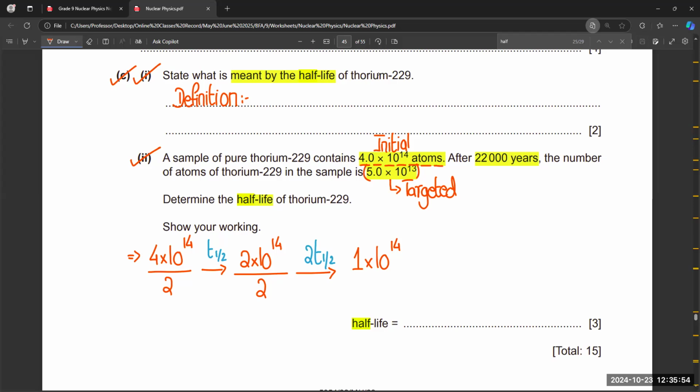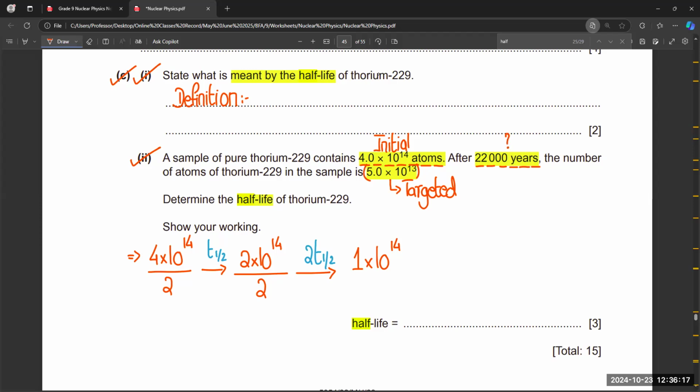And next, it is mentioned after 22,000 years. So we don't know what happens after 22,000 years. Either it will take one half-life, two half-lives, or three half-lives. We don't know about it. So this 22,000 is still unknown information, right?